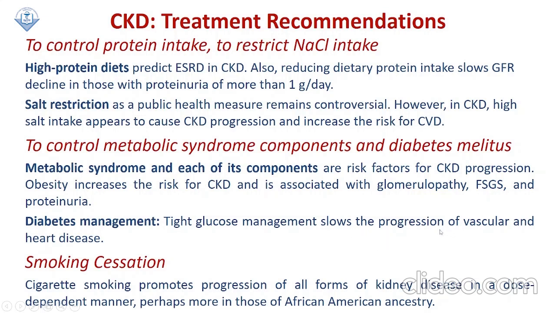And when we decrease and normalize glucose in blood, it will significantly slow progression of vascular diseases, and vessels are present in the kidney. It's helpful for the kidney. Then, if the patient smokes, he must stop smoking because cigarette smoking promotes progression of all forms of kidney diseases and chronic kidney diseases too.